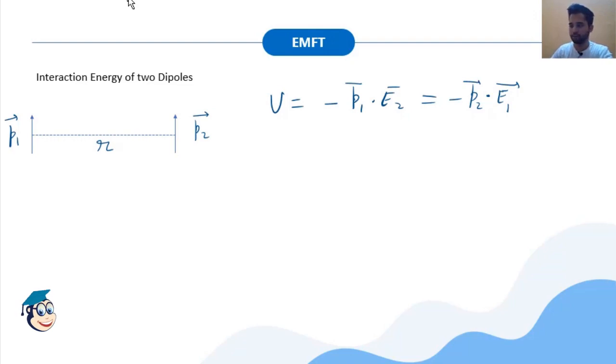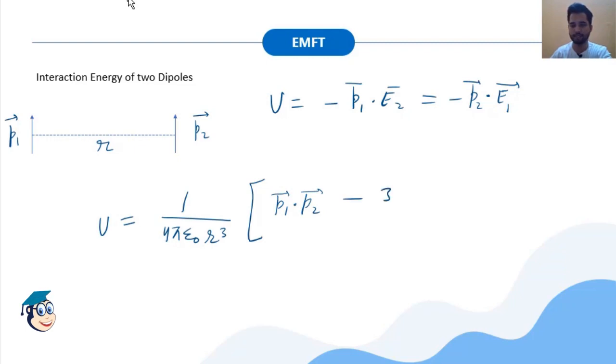Now putting the value of E1 or E2 in this expression, you can easily get the interaction energy U as 1 over 4 pi epsilon naught r cubed, and in brackets you will have P1 dot P2 minus 3 times P1 dot R cap, P2 dot R cap.